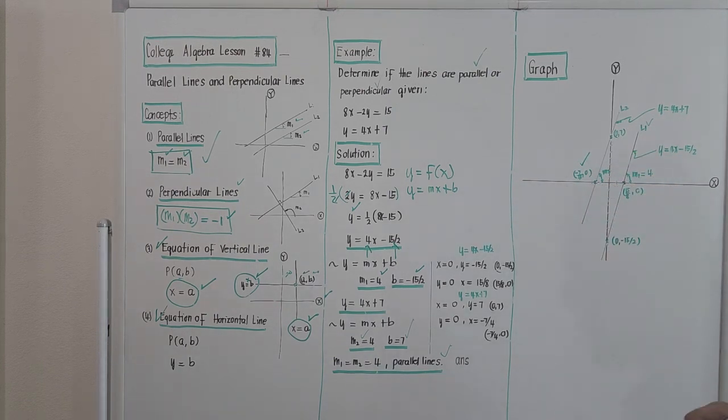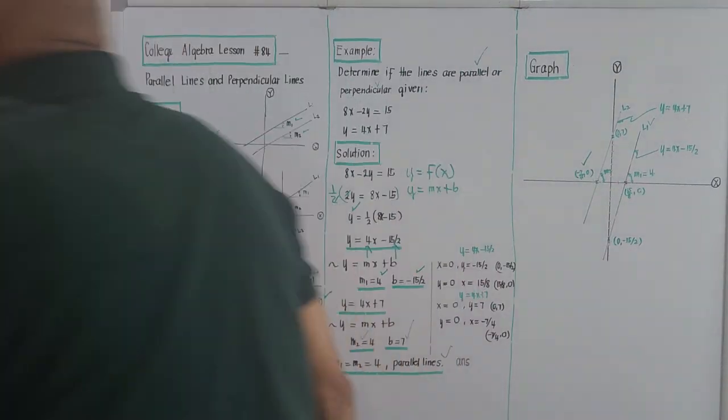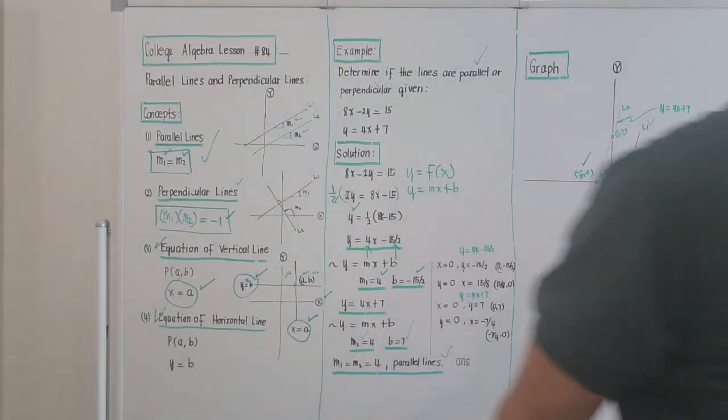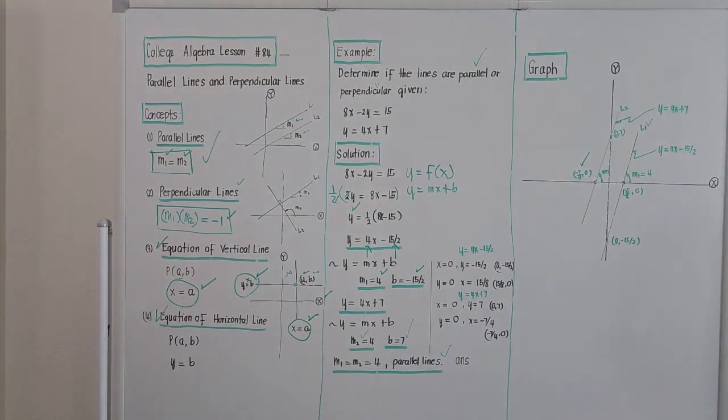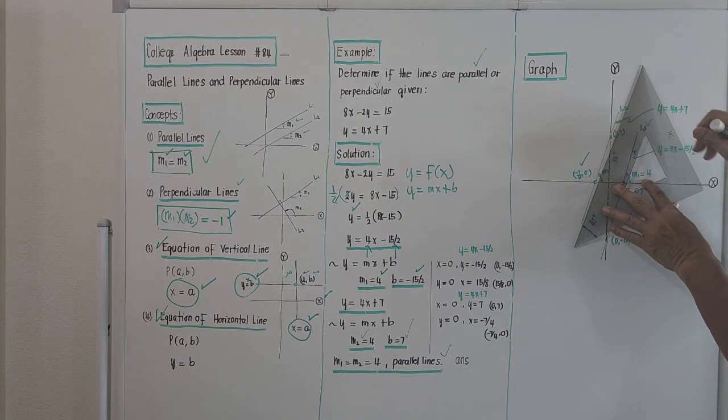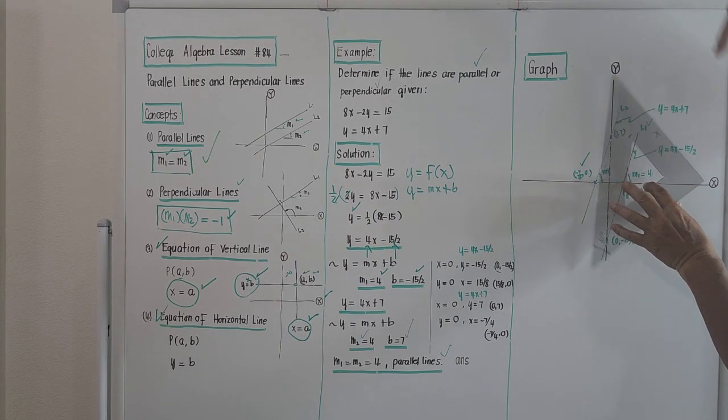Right? So if we try to plot the graph, where's my triangle? It's easy already. We got the x-intercept, we got the y-intercept. We just need 2 points to create a line. So we do like this, then we cross it.